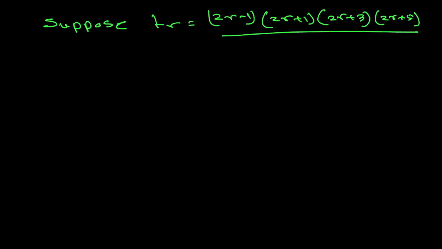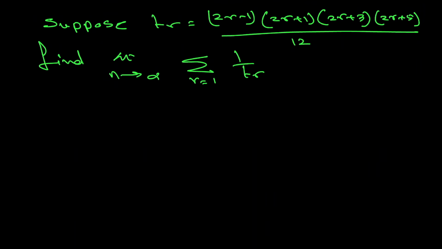total divided by 12. Find limit n tends to infinity, summation of 1 by Tr, r equal to 1 to n.